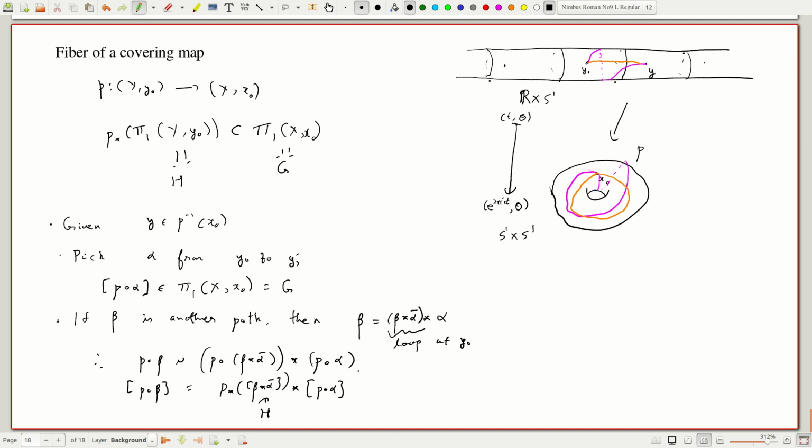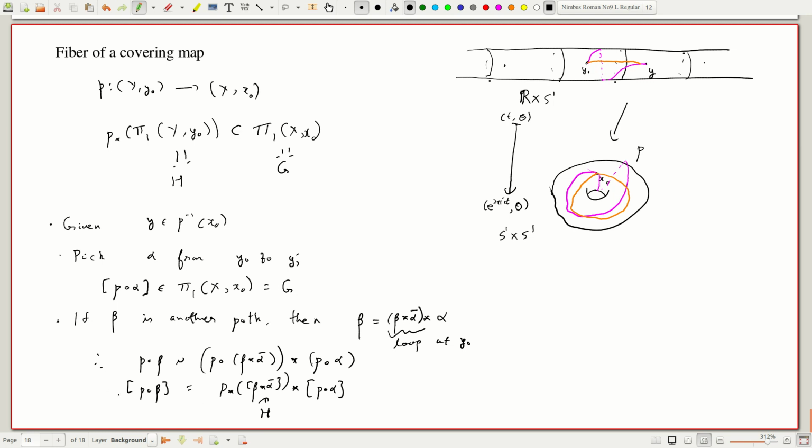Again, no magic happened here. What happened is to note that if I take the difference between the two paths, it is a loop, so you can think of the new path beta as the old path followed by the inverse of the old path and then the old path. But the first two together form a loop at y0, so their image is in this loop group H. Okay.